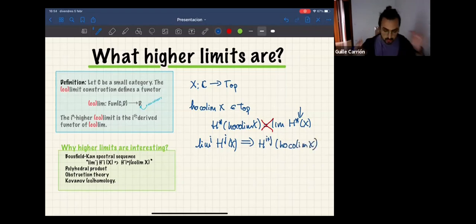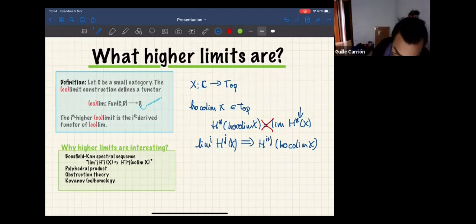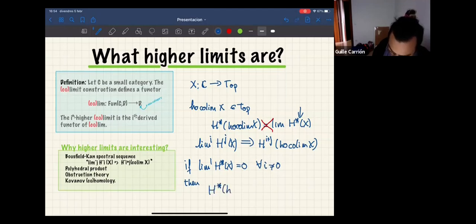This is a first quadrant spectral sequence, and if we know that every higher limit vanishes, then we have the commutativity that we want. If lim^i is 0 for every i, then this holds.